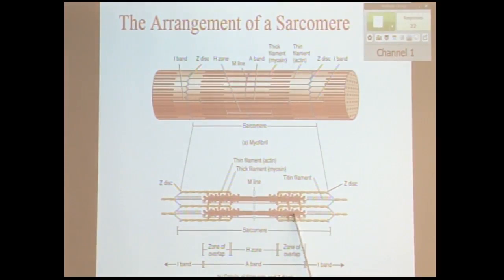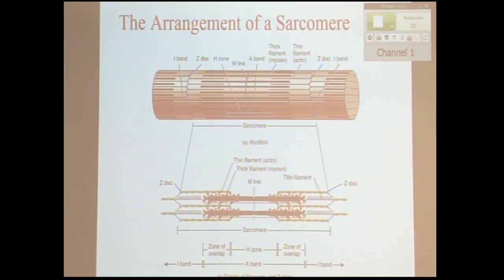So myosin's in red here. So it's tightly attached there, which is good. You need something to attach to on that side. And then on the two ends, we have what's called a Z disc. These are more structural proteins, and that's actually what you're going to pull on. Attached to the Z disc is yellow actin, and then in red here is your myosin. And so when we contract, this myosin actually pulls on the actin, kind of like on a rope. And we're going to do a demo of that in a little bit.